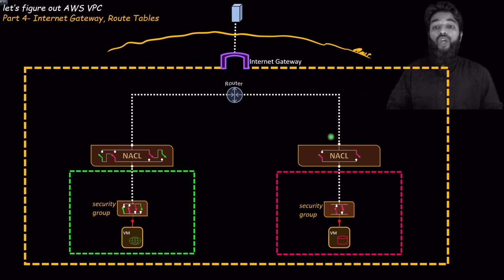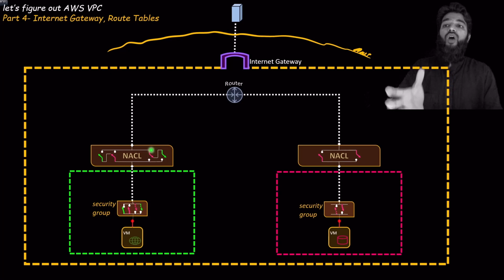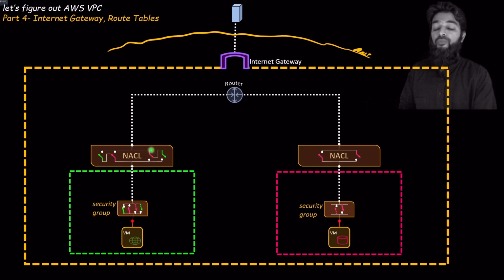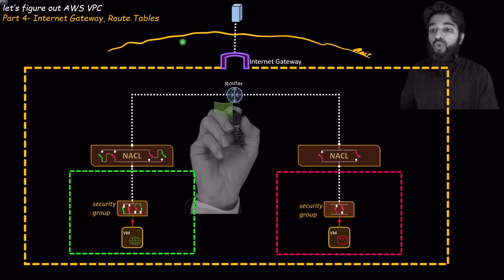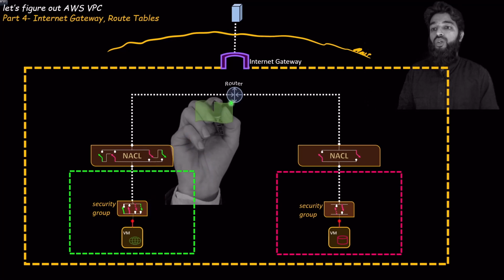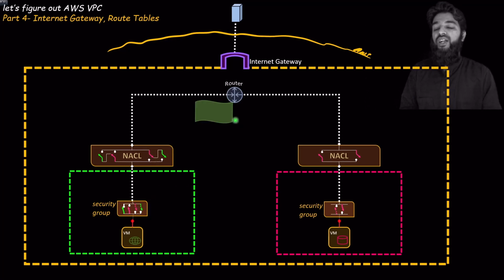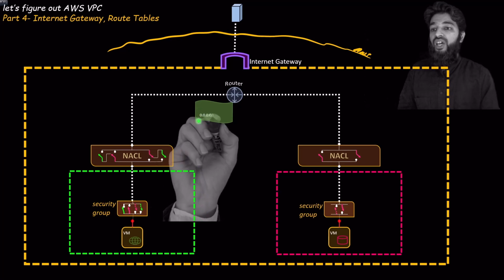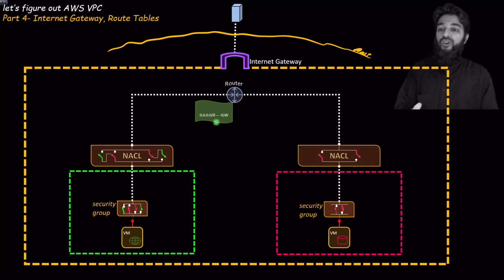For that, you need to tell your router that, hey, some of the requests from my subnet you have to forward to Internet Gateway. How do you do that? You do a configuration to the router that is created. All you have to do in that configuration is say, if the traffic is directed to an IP address, please forward that traffic to Internet Gateway.